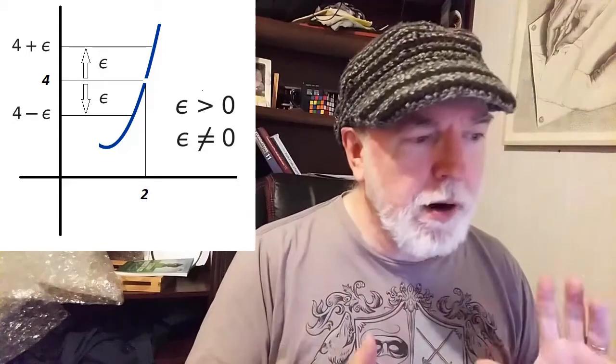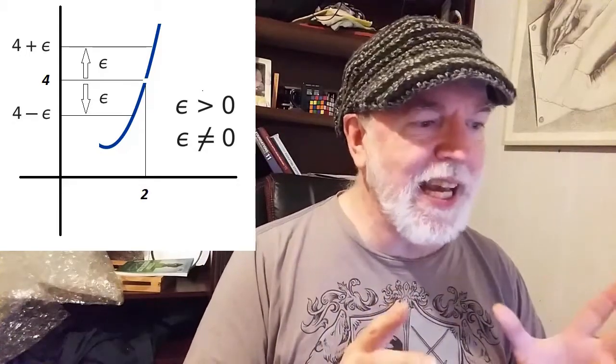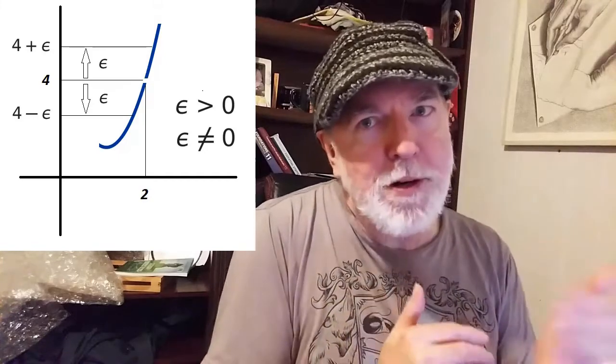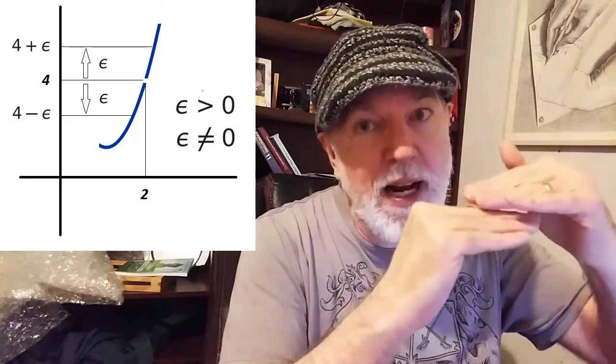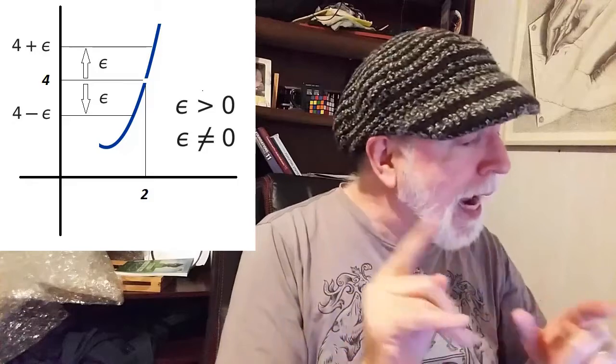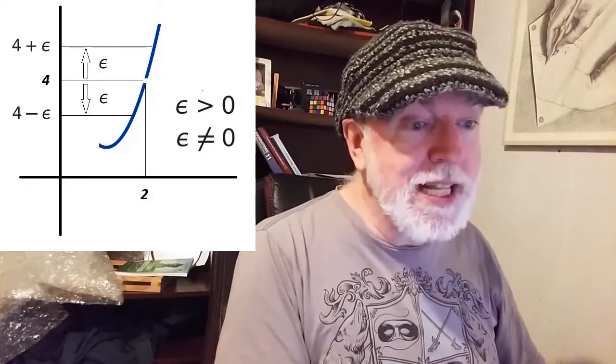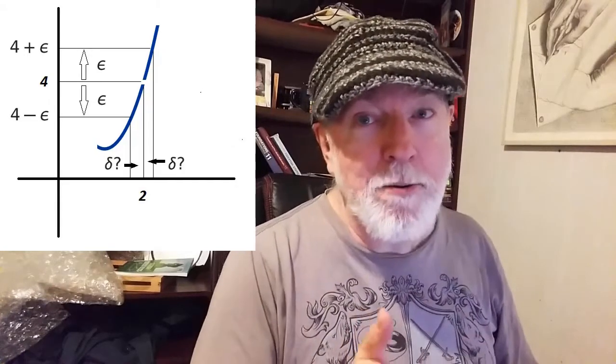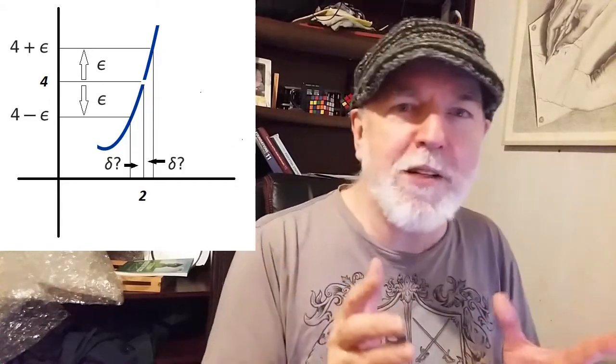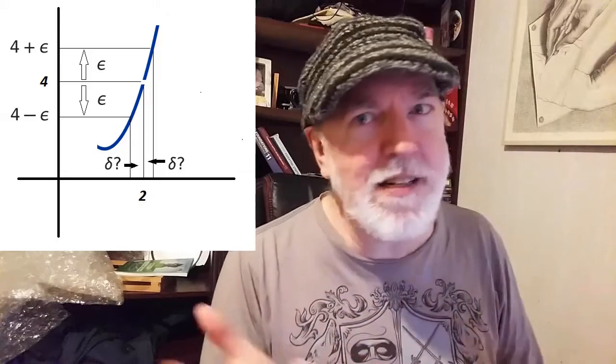Okay, so here in this diagram, you can see there's epsilon. And epsilon can squeeze as tiny as we like. It just can't be 0. And then over here, we can see that that matches with some distance from 2. And that distance is what we call delta.